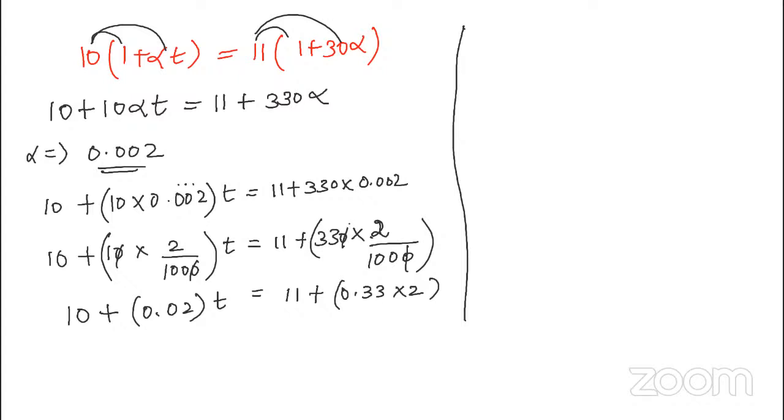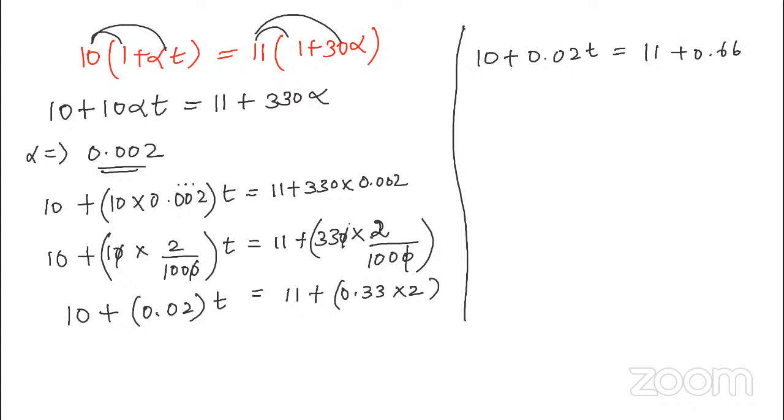Then here 10 plus 0.02 into t is equal to 11 plus 0.66.